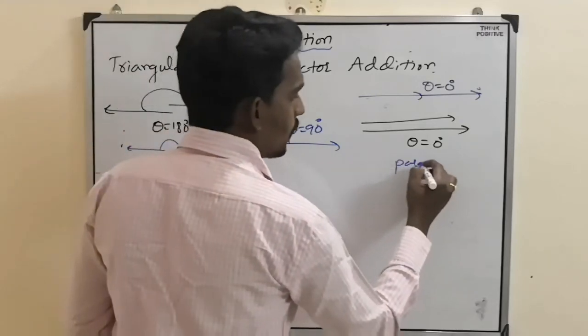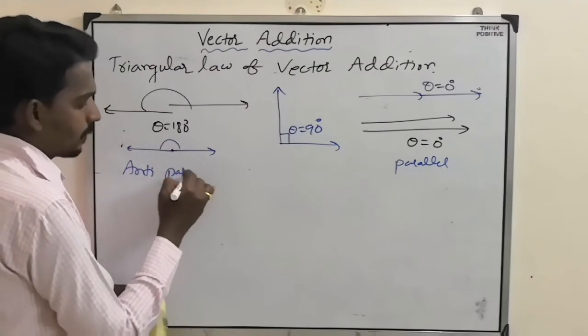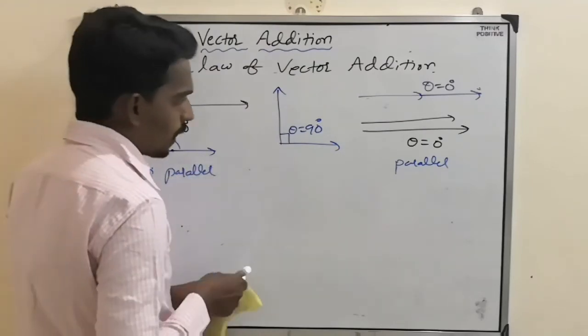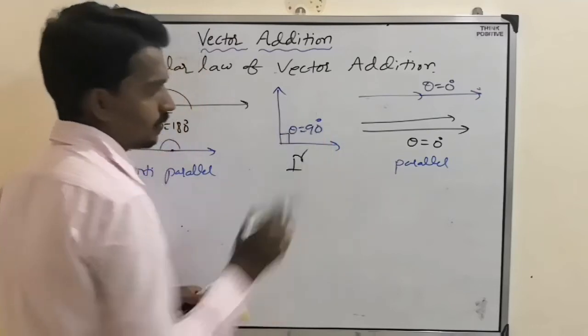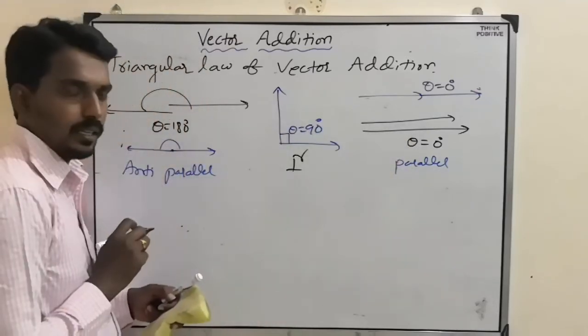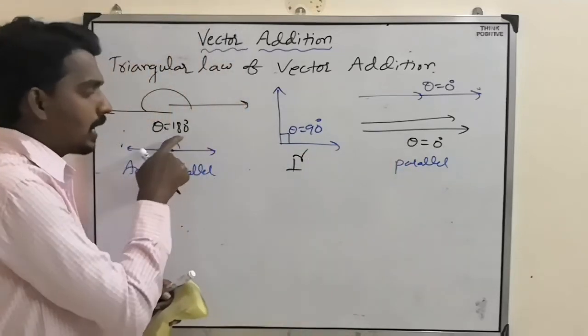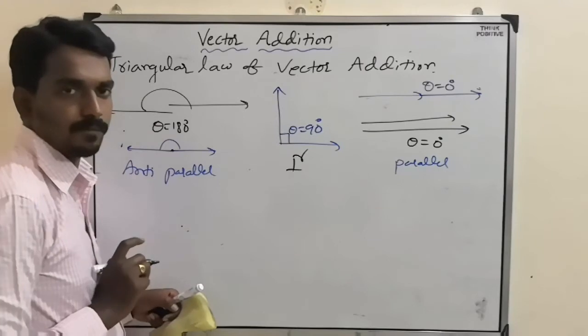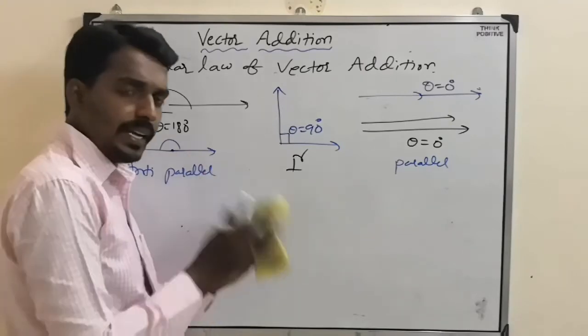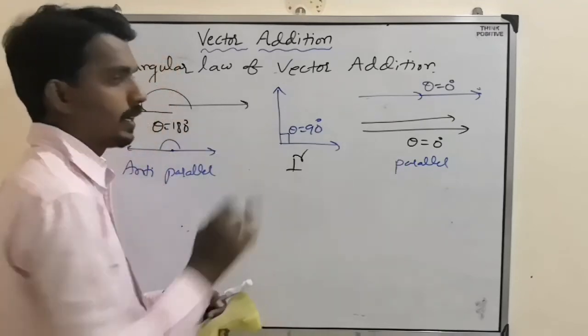So the least angle possible is 0 and the maximum angle possible is 180.